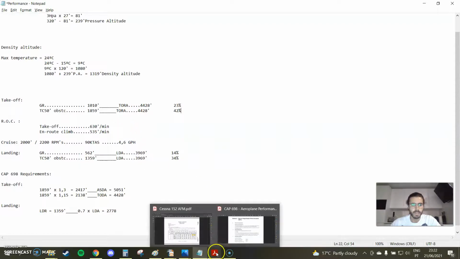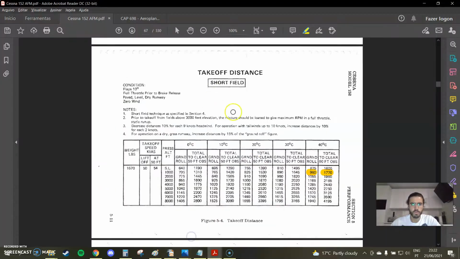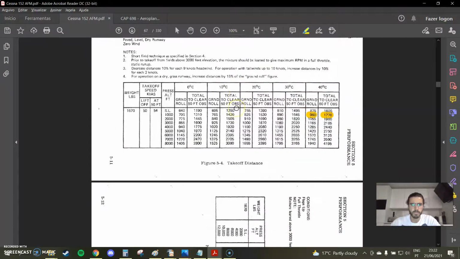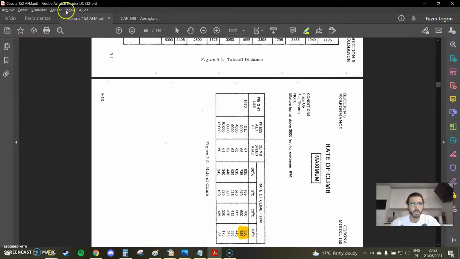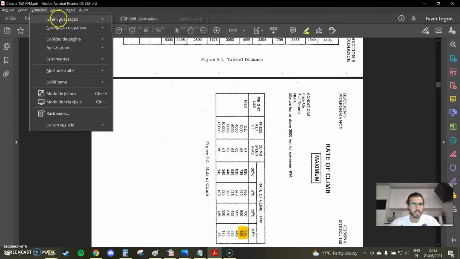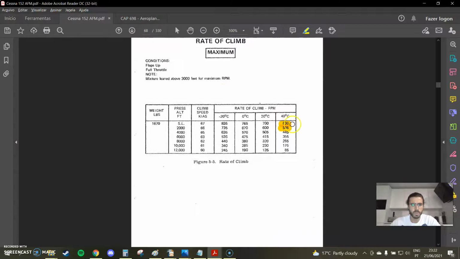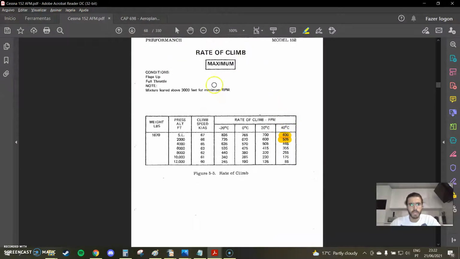Then, once we move on from takeoff distance, we'll reach, sorry guys, just let me put this straight. All right, rate of climb, okay, and rate of climb will be for us 630 feet per minute and 535 feet per minute.